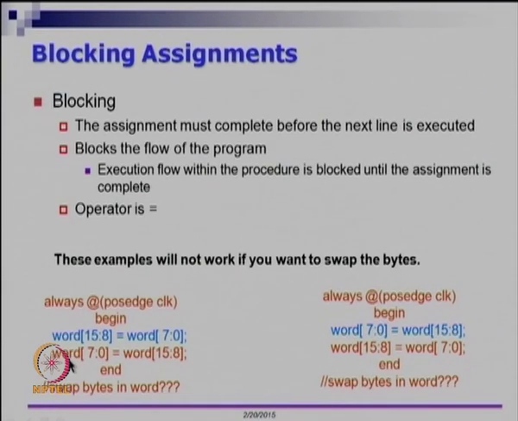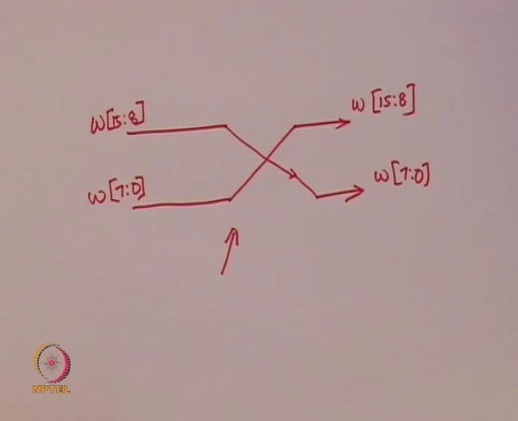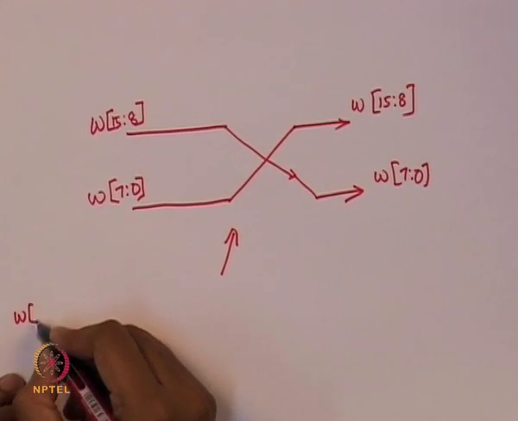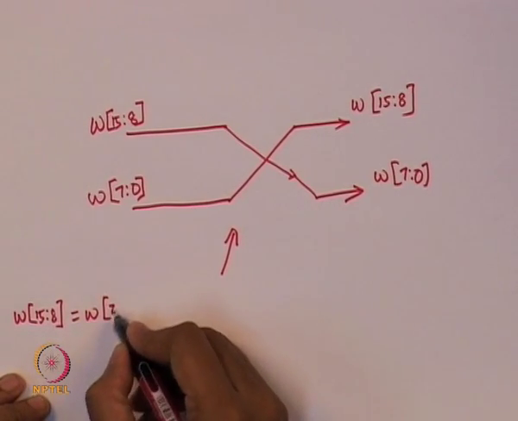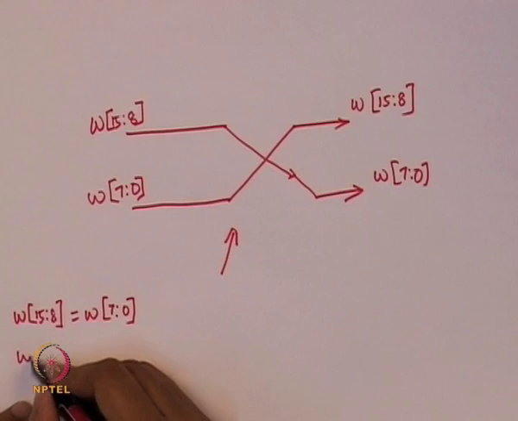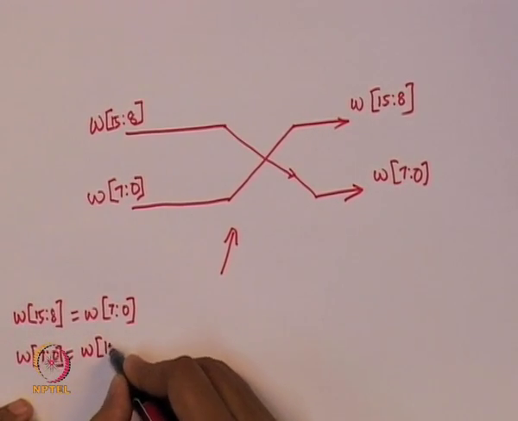So, let us see the implication of it. Let us look at this picture again. This is what we wanted. As a sequence, what we did was we said word of 15:8 is equal to word of 7:0, and we said word of 7:0 is equal to word of 15:8.